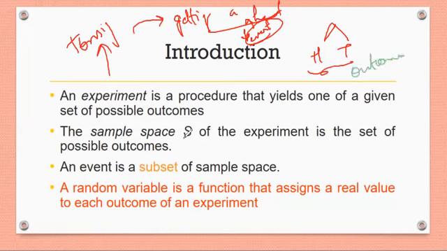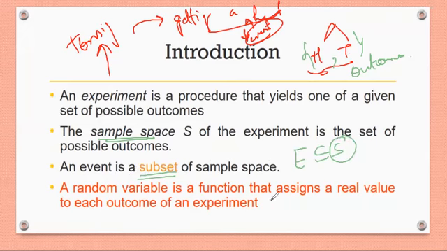The sample space S of the experiment is the set of possible outcomes. So this, considered as a set, is known as the sample space. An event is a subset of a sample space. So E is basically a subset of the sample space. The sample space is basically all the outcomes, and an event is one of the outcomes from the experiment.